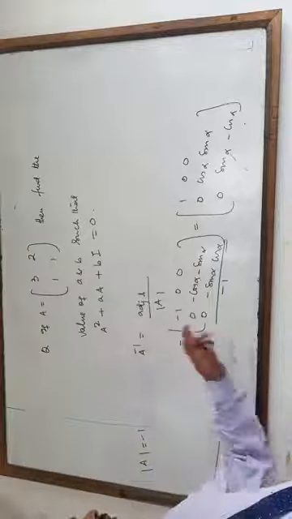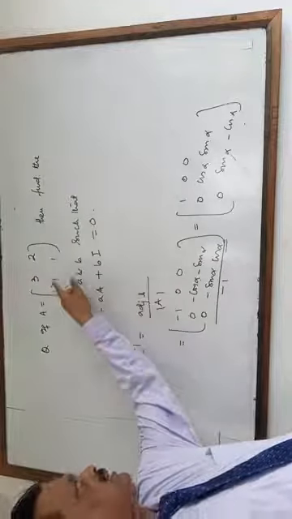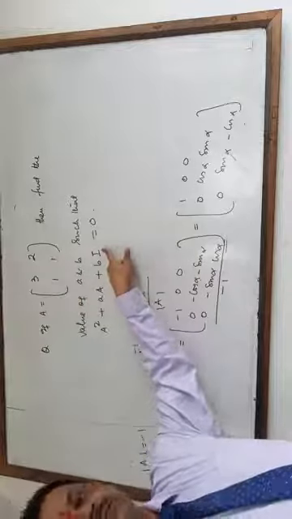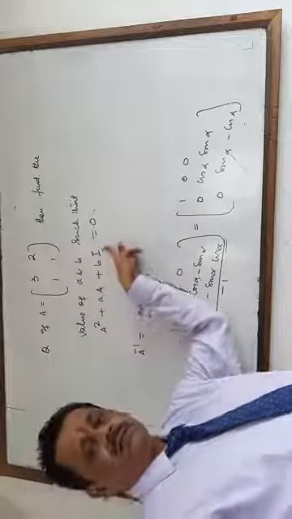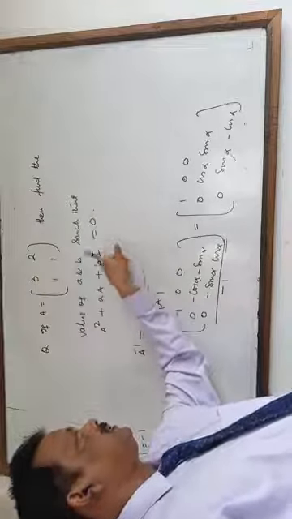Let's look at A square, A into A, this matrix. B into I is what? Identity matrix. So identity matrix means it will be 2 by 2, that will be 1 0 0 1.